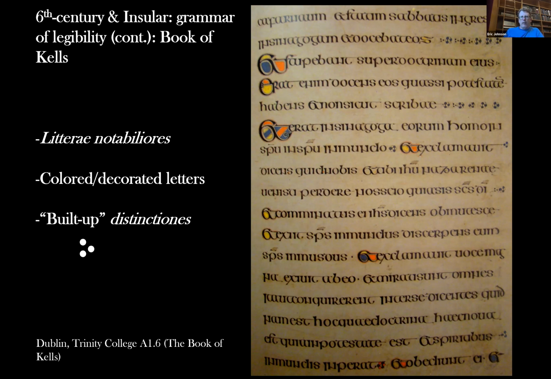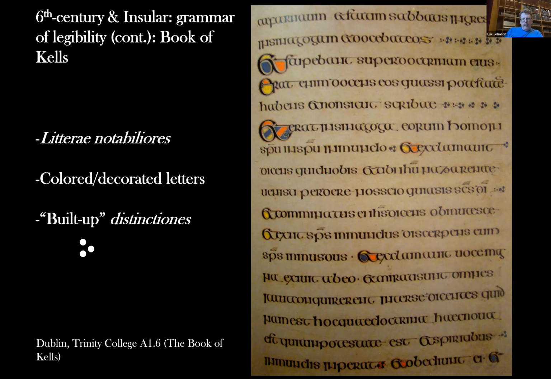And then another form of modified punctuation that the insular scribes introduced was a modification of the distinctiones system. But rather than rendering, for instance, a media distinctio as a punctus put halfway up the line register, or a full stop distinctio representing a period at the top register of a written line, they would use built up distinctiones.